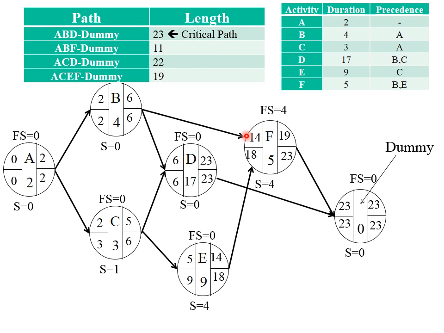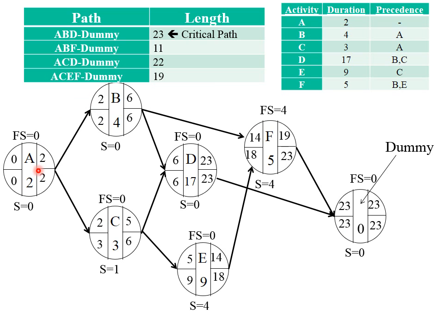Right, so enumeration of all possible paths. A, B, F, dummy, and that length is going to be 2 plus 4 plus 5, which is 11. A, B, D, dummy, which is going to be 23 if you add these numbers along: 2 plus 4 plus 17 is 2 plus 4, 6, and 17, 23, plus 0.